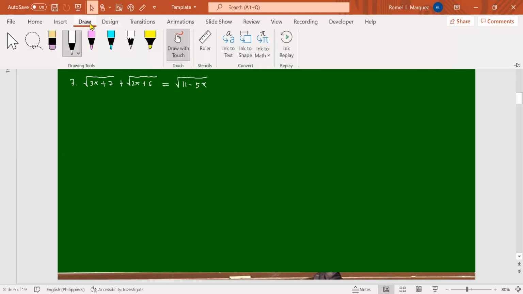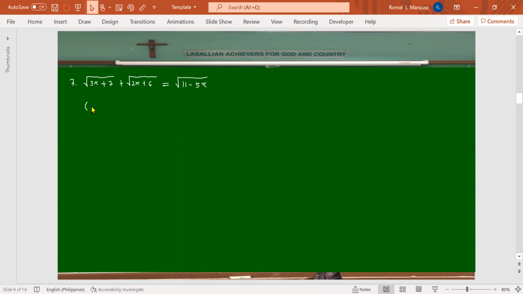So when we square, we get the square root of 3x plus 7 plus the square root of 2x plus 6 quantity squared, and that is equal to 11 minus 5x. Am I correct when we square each side, guys?